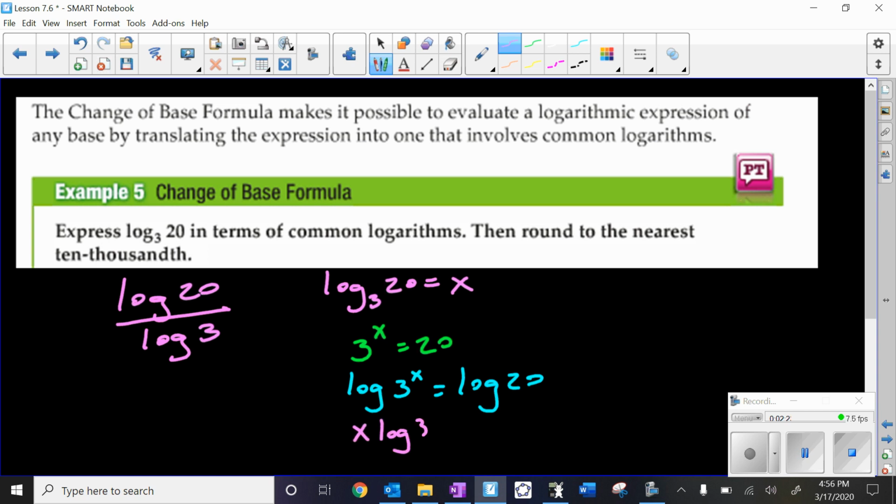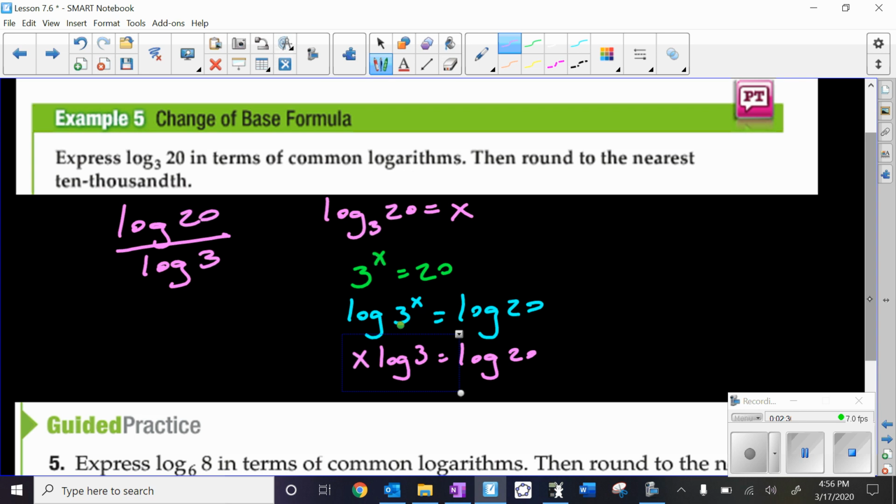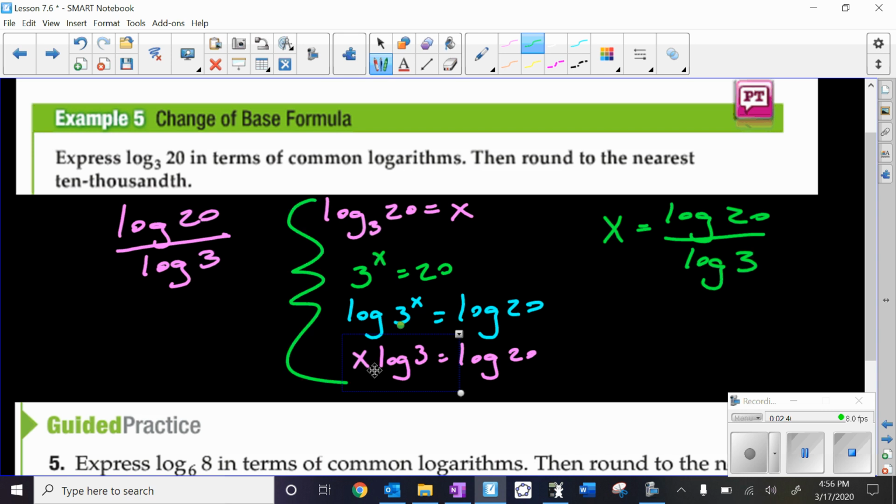So x log of 3 now equals log of 20. We can solve for x by dividing both sides by log of 3, getting x equals log of 20 over log of 3. And that's essentially where the change of base formula comes from. It is from all of these steps.